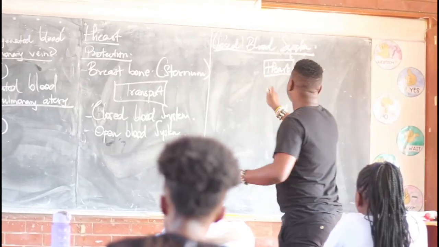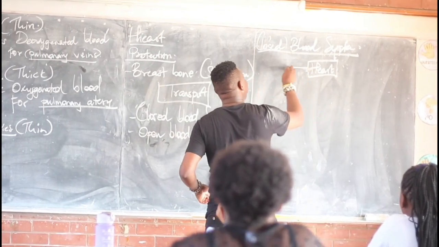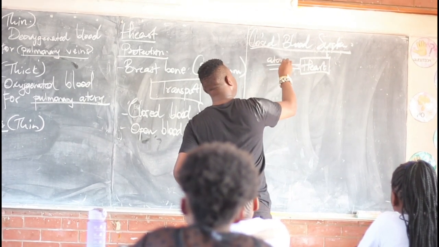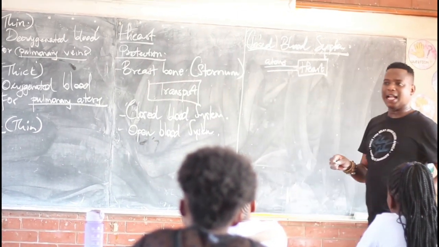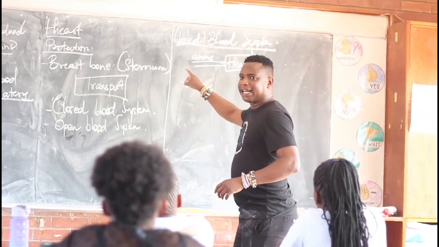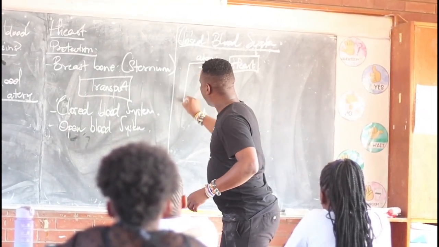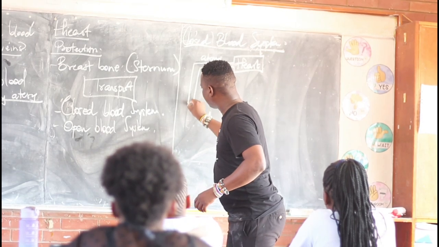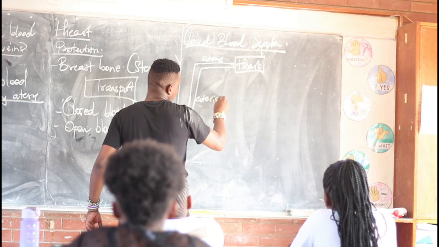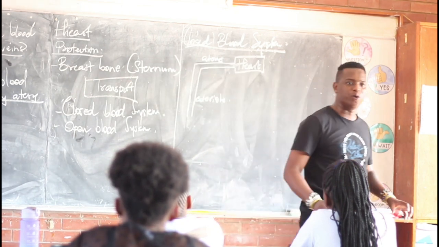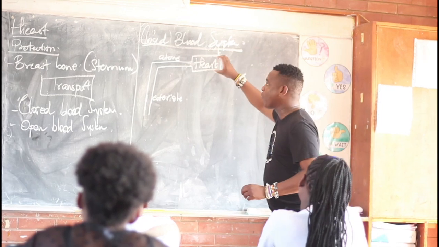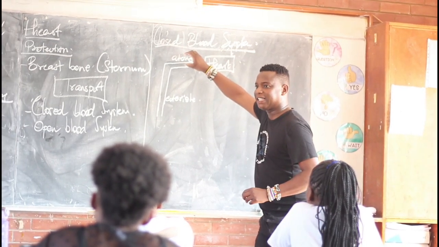So this blood is going to leave the heart using arteries. As an artery moves away, it becomes an arteriole. When we move away from the heart, we're moving using what? An artery.